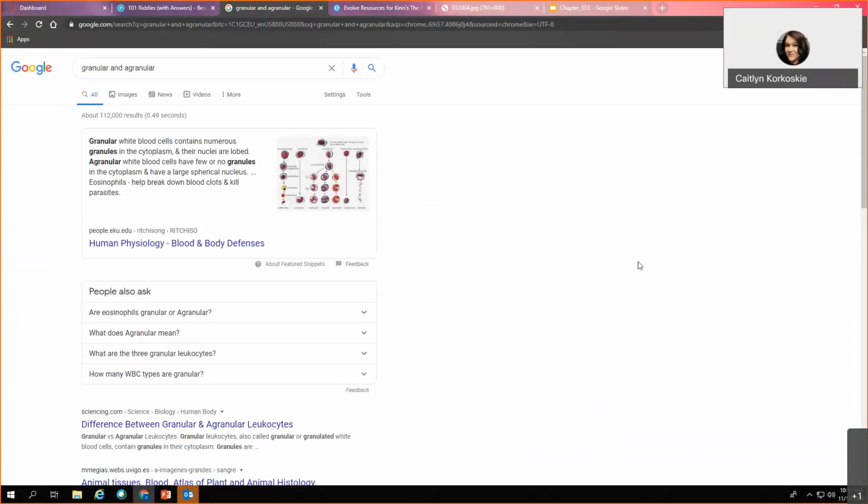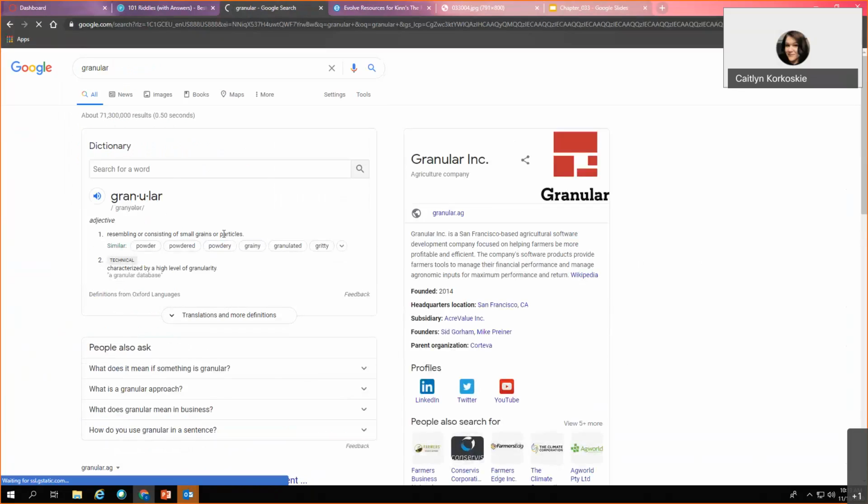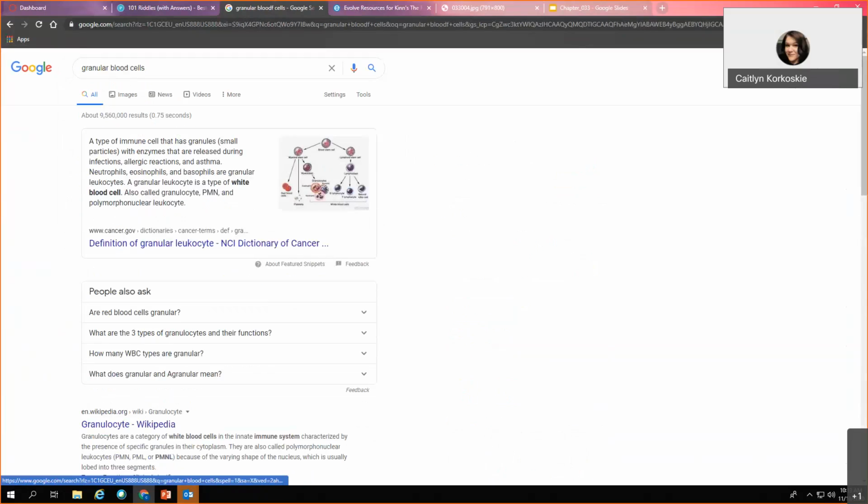Okay, so granular white blood cells contain numerous granules in the cytoplasm. Agranular white blood cells have no granules in their cytoplasm. Oh, it helps if I spell correctly.